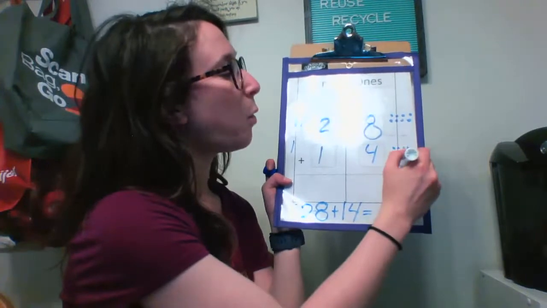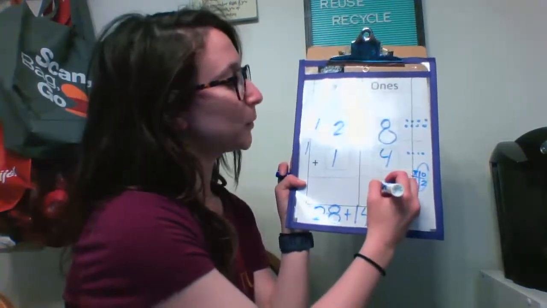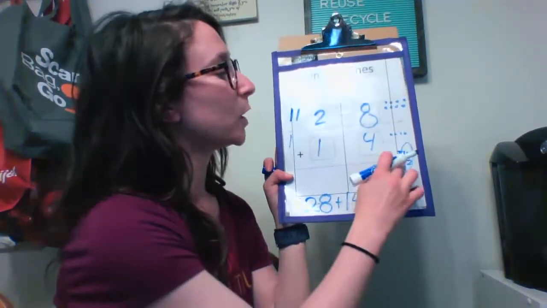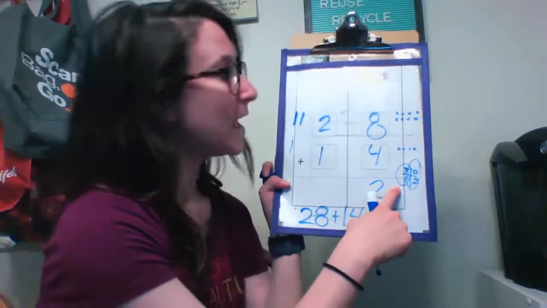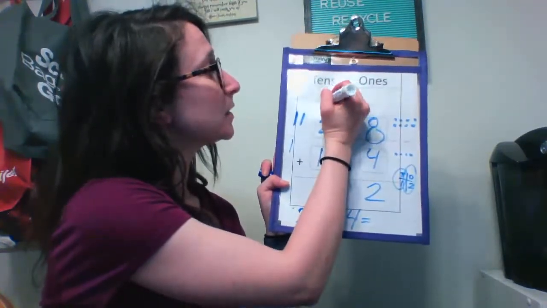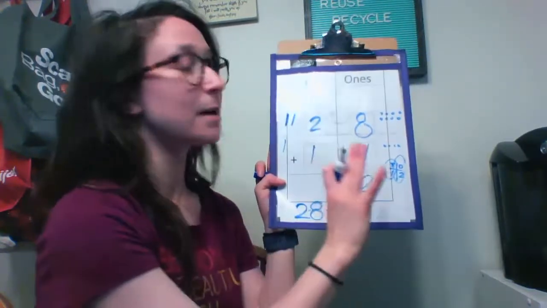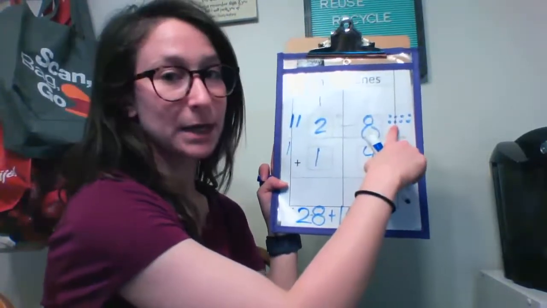Well, class, what is in our ones place? A 2. So we're going to put the 2 that's in our ones place on the bottom, and then we're going to take our tens place and watch where the 1 ten goes. It goes all the way in this little tiny box on top in the tens place. Because watch what happened. Let's count how many dots we had.